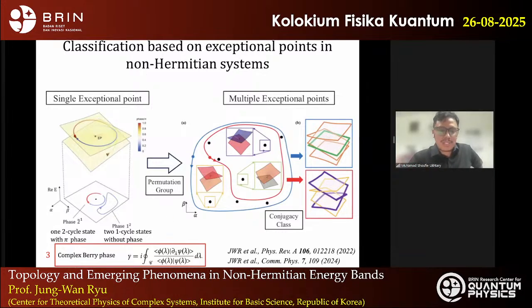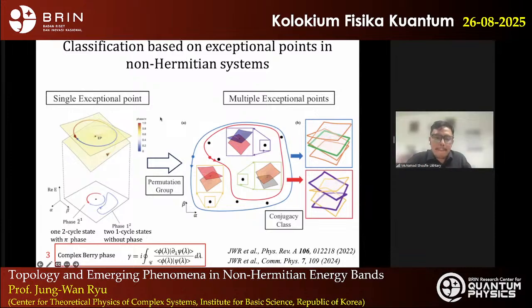Is there any more question from the audience? If we define the Berry phase in a non-Hermitian system using only right eigenstates, would that make some difference? Yeah, different. It cannot explain the phenomena well, because there is some problem of normalization.